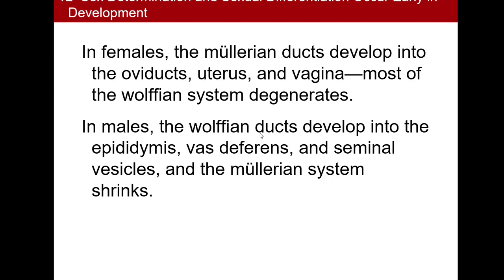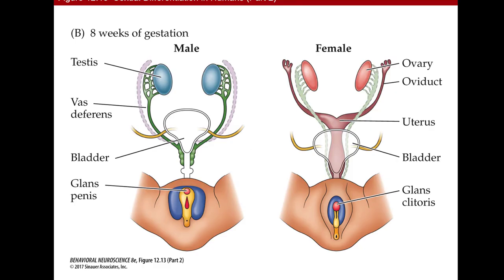So the Wolffian ducts then develop. I don't expect you to know all the different functions of the different components here, but you have the male tubing that's involved in adding all the different components of semen and then transporting that. So in males, the Mullerian system fades away and the Wolffian duct develops. Okay, here we are at 8 weeks of gestation.